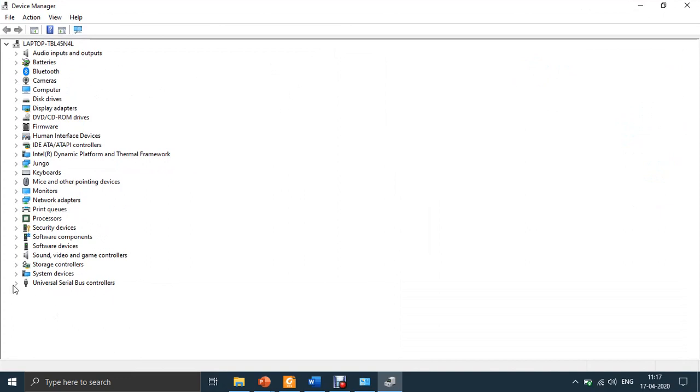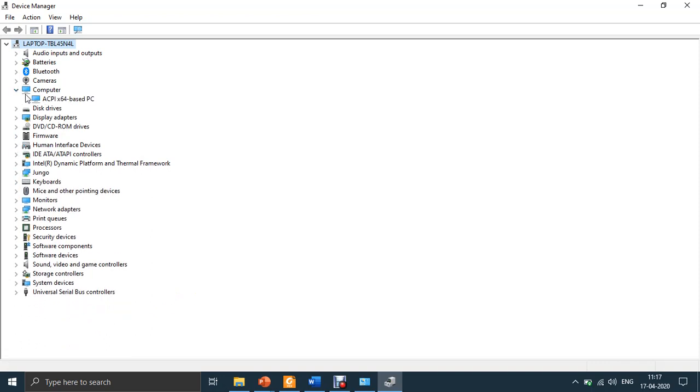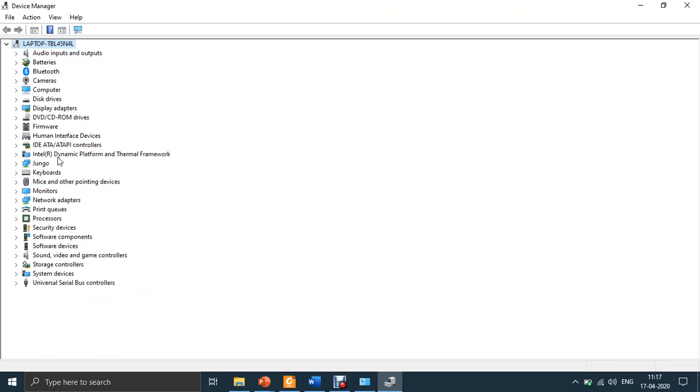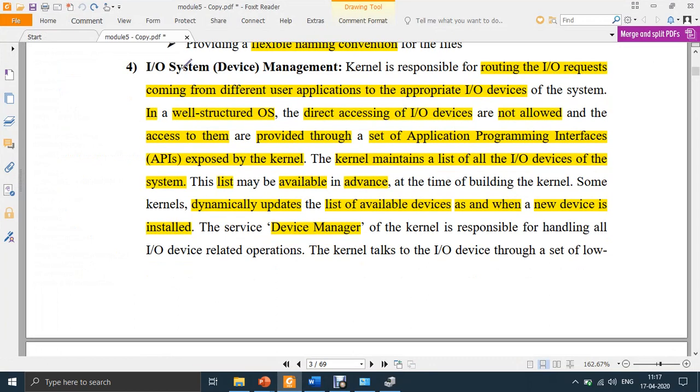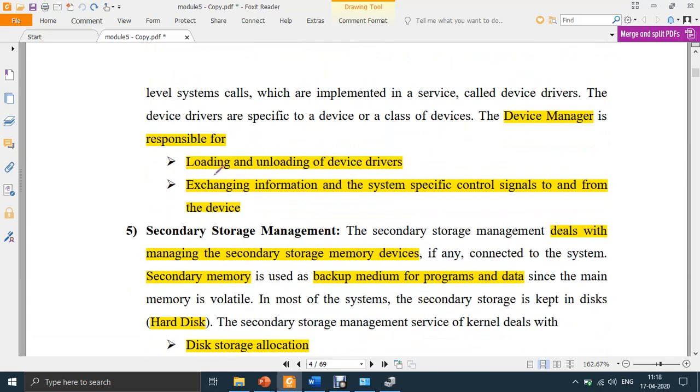USB, keyboard, monitor, computer, then processor. So this is the device manager, and it sits in the IO system management.